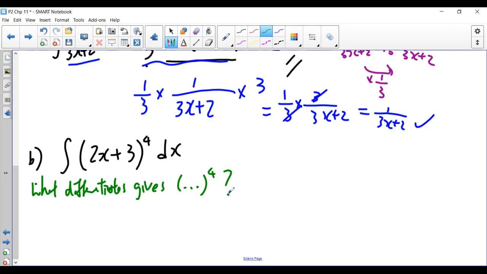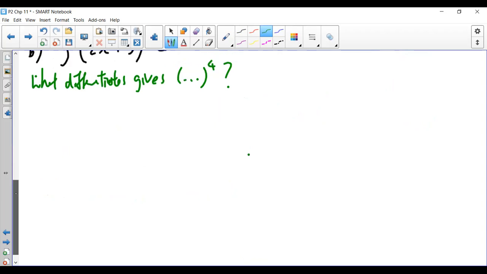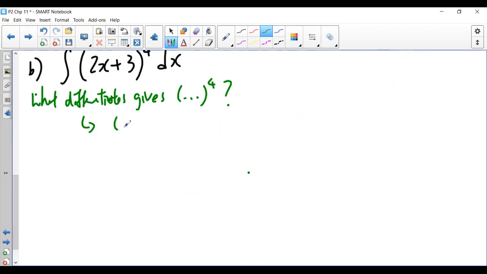Maybe you can ask yourself the question, what differentiated gives you power 4? The answer is power 5, because when you differentiate power 5, it brings the power down by 1, becoming power 4.